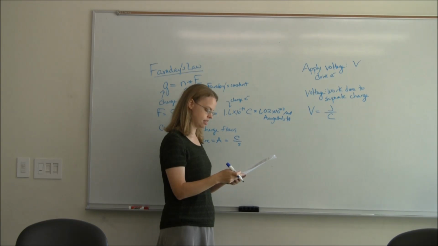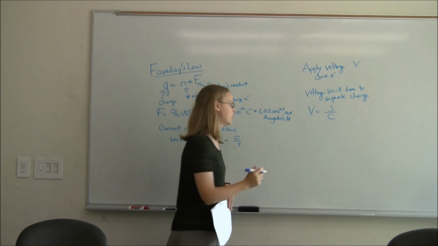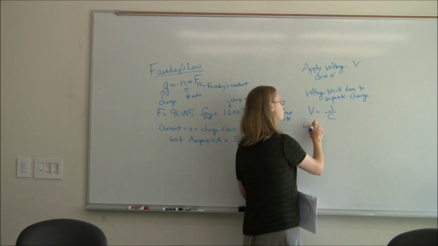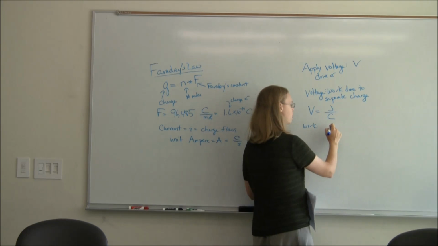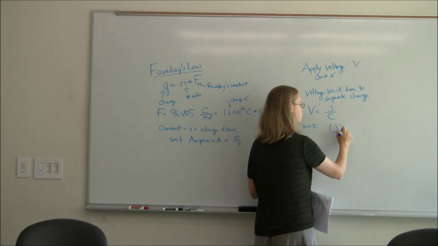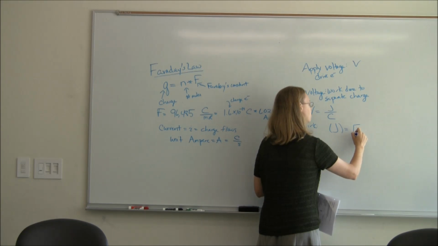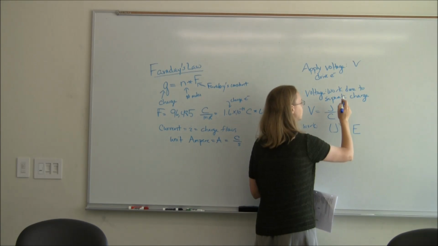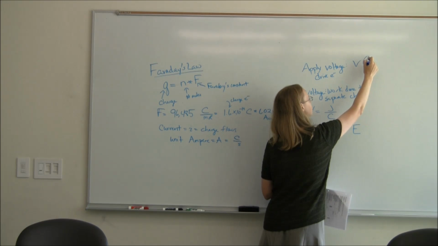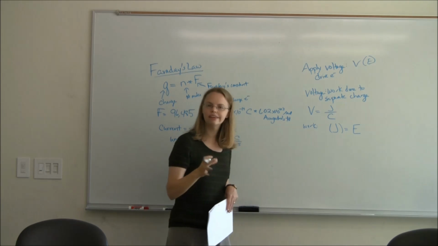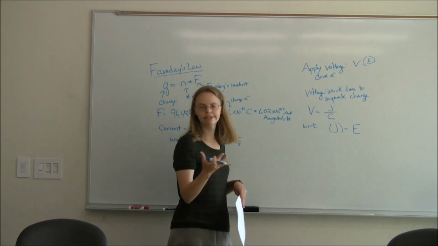And so I think it's useful to think about what is the work I have to do to move charge. In electrochemistry, a lot of times, just so I'm not confusing you, they use E for voltage, E for electric field, instead of V for voltage.